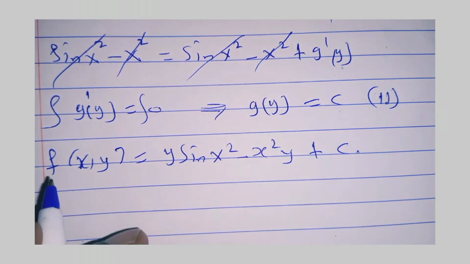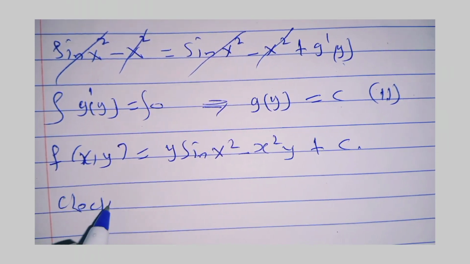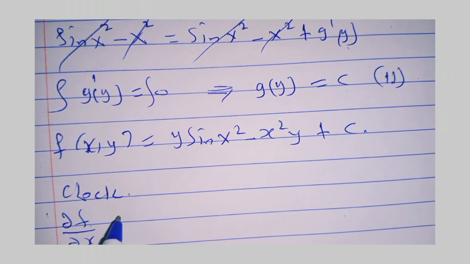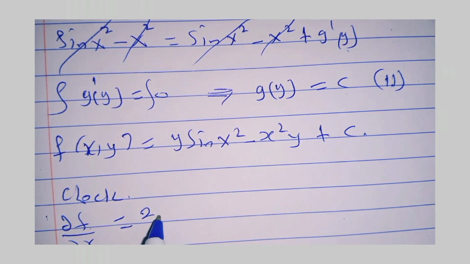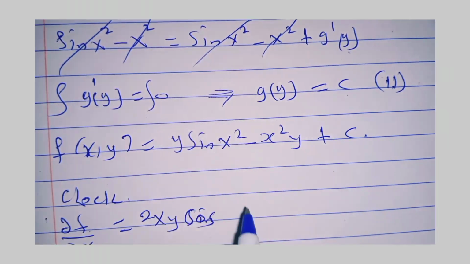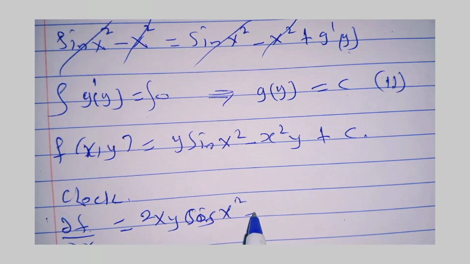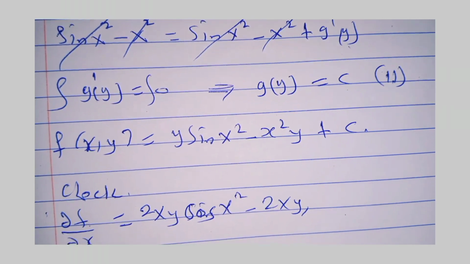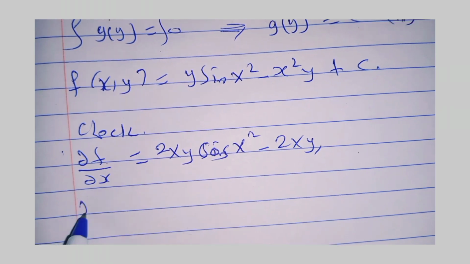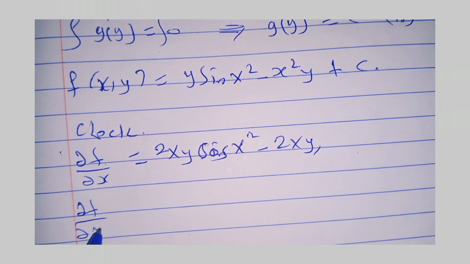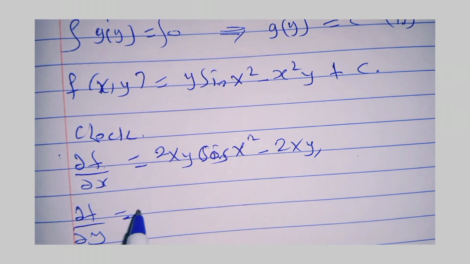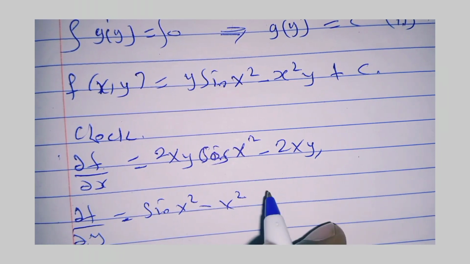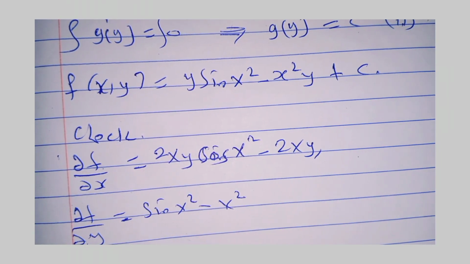Now we can check our working. You simply get the partial of f with respect to x. This will give you 2xy, differentiate sine, it will give you cos(x² − 2xy). Then you write your partial of f with respect to y, which will give you sin(x²) minus x².